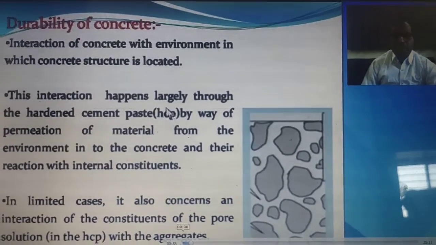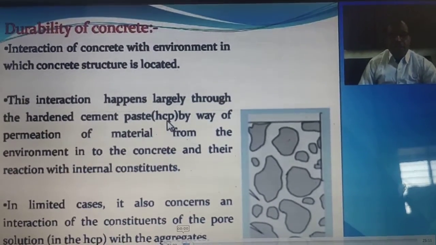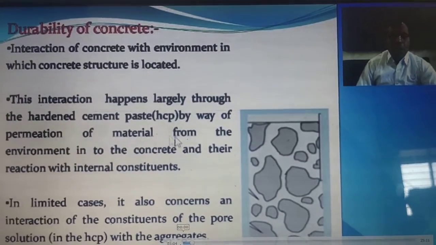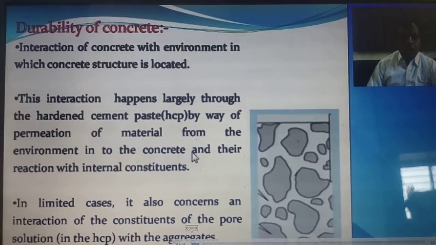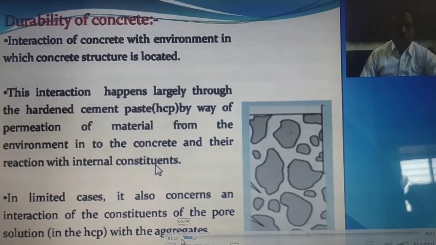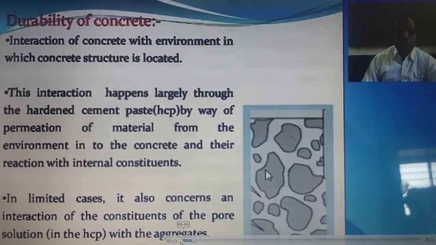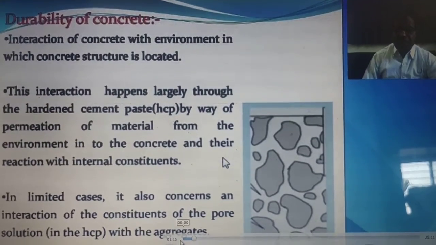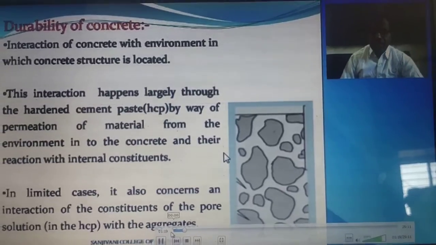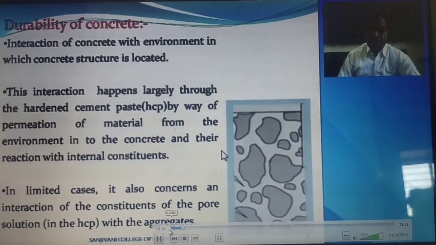Henceforth we are denoting it as HCP, that is hardened cement paste, by way of permeation of material from the environment into the concrete and their reaction with the internal constituents. The internal constituents may be the aggregates, and the external constituents may be the air, water, and so on.